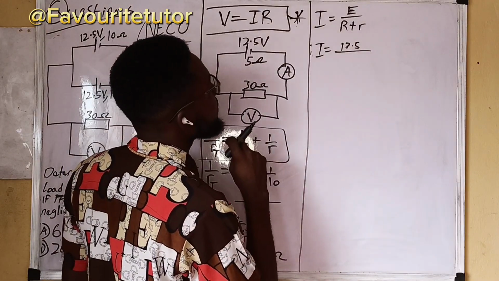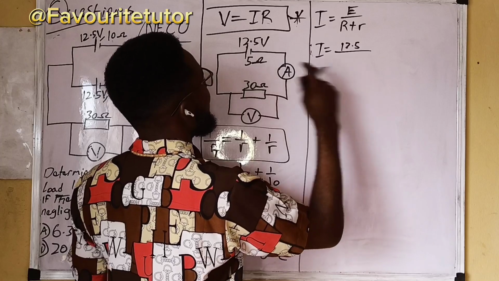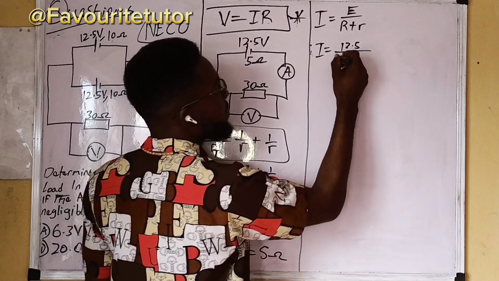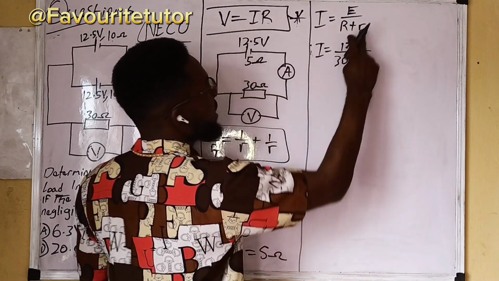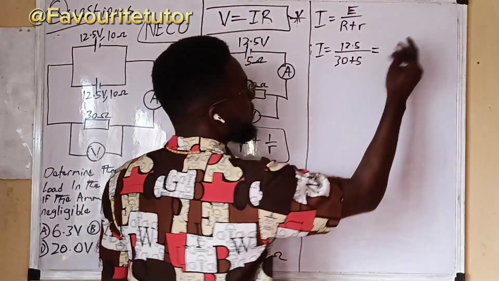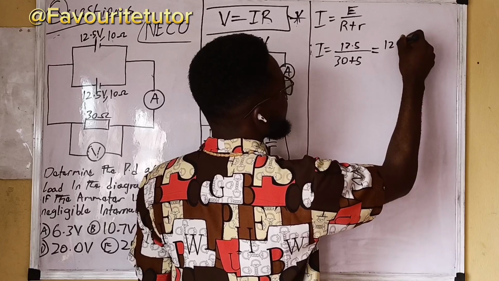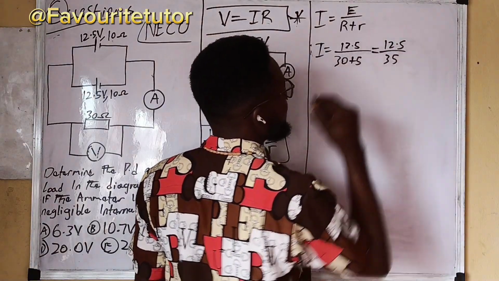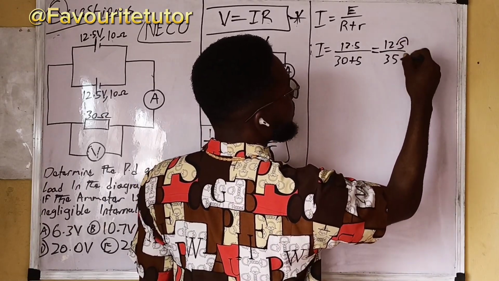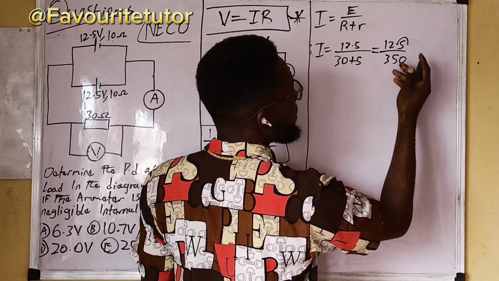I have R, that is the resistance of the metallic conductor, which is 30, plus the internal resistance, which is 5. So this is equal to 12.5 over 35. We can easily move the point. So I move the point, I add 0 to it.